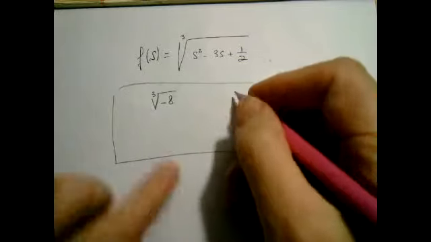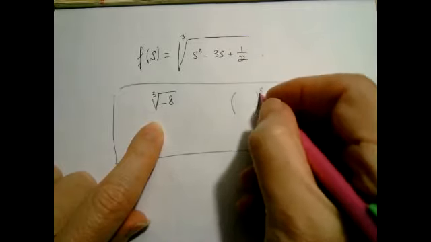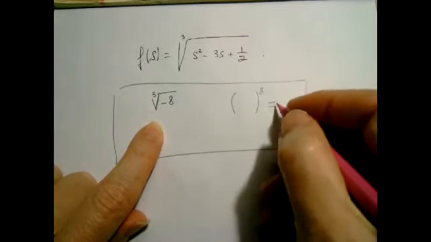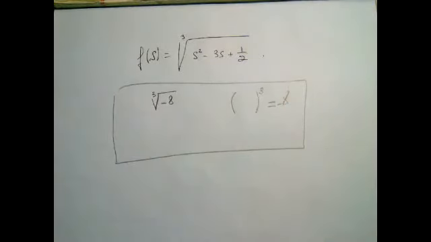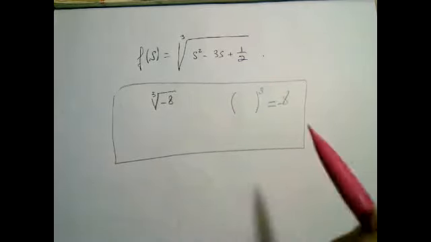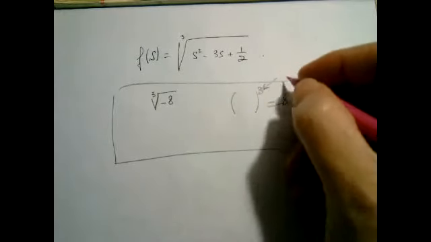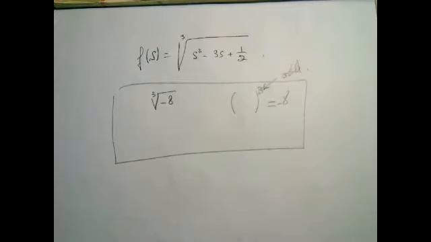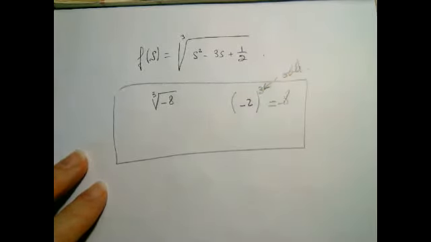It's the number that, when you raise it to the power 3, you get -8. That's an odd power, that's crucial. Is there a number that when you take it to the power 3, you get -8? Yes or no? Absolutely, -2. There is no issue with that.